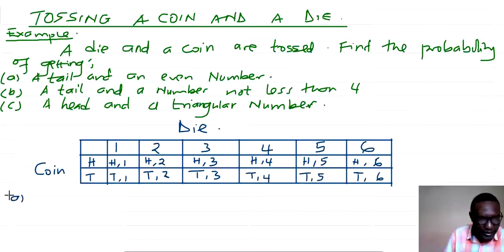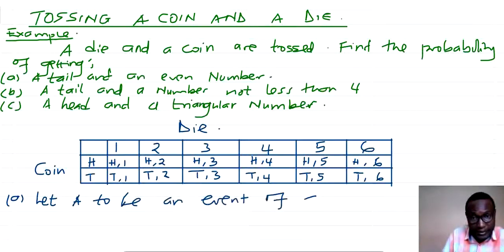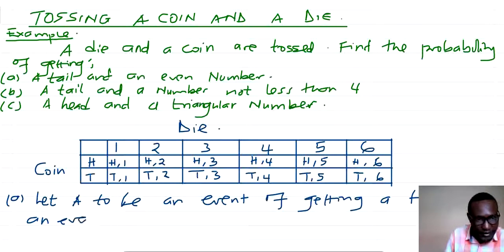Now part A, they need us to get the probability of having a tail and an even number. So we can select A to be an event of getting a tail and an even number. So A is equal to a tail and an even number.